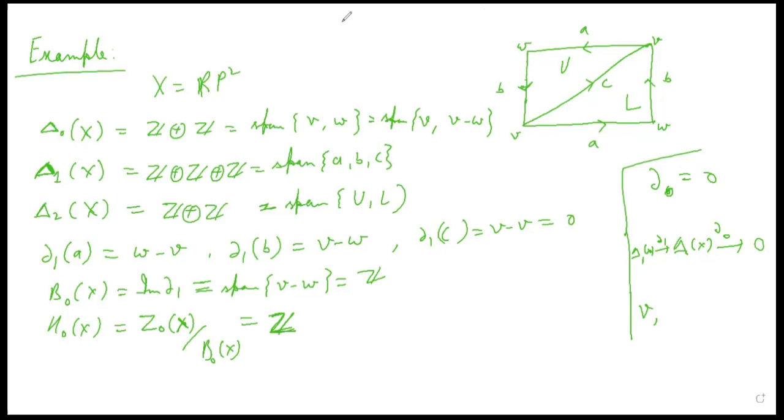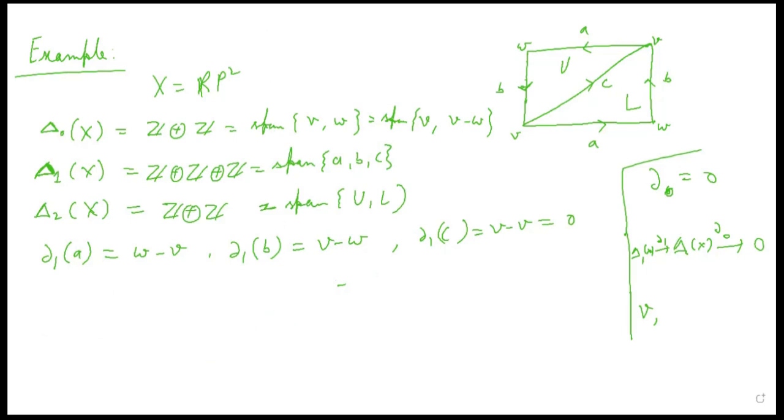Now what is the kernel of this? So let us take elements of this delta 1x, they will be linear combinations, right? So PA plus QB plus RC equal to what?